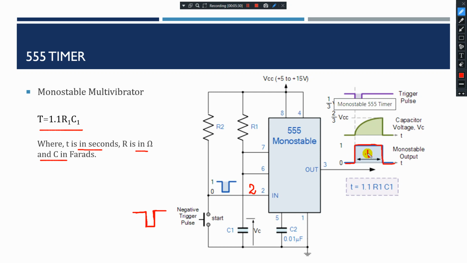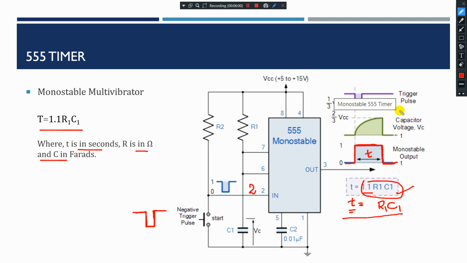The duration is nothing but t. That duration is calculated by this formula: R1 into C1 into 1.1. By these calculations you will get t, the time duration. According to your R1 and C1, your output remains high. After t, the time duration, it goes to low.